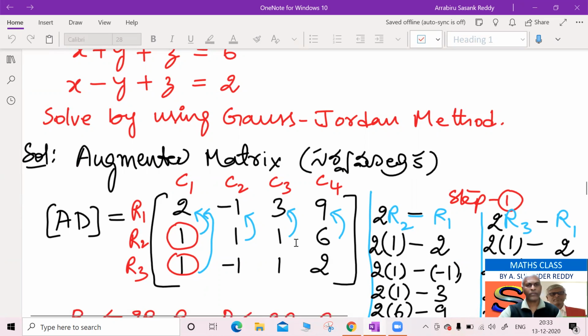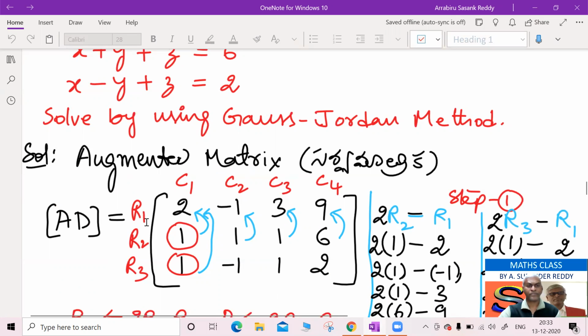So after writing the augmented matrix, as I explained in the previous class, in step 1, we need to convert the second and third elements of column 1 into zeros. First, to convert the second row element to 0, we take the help of R1.